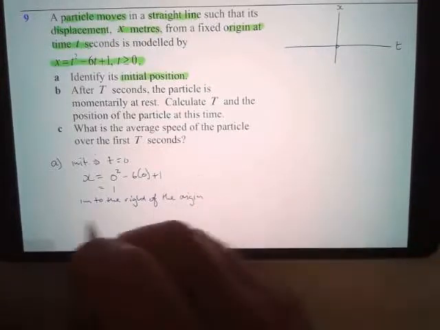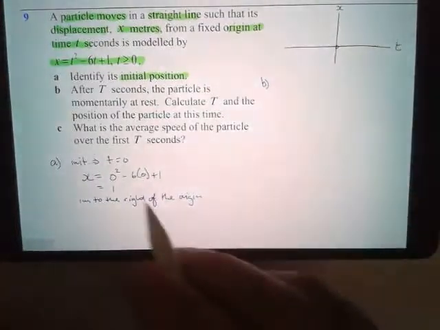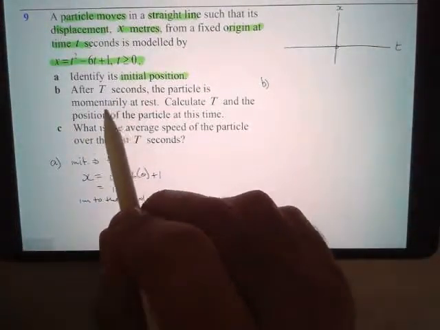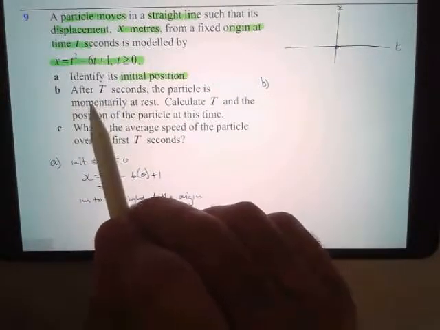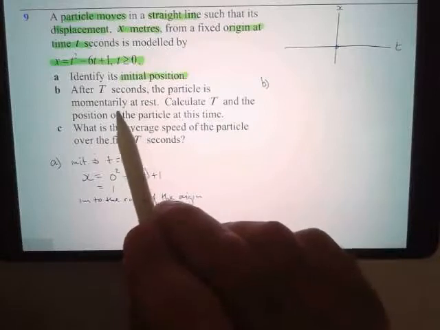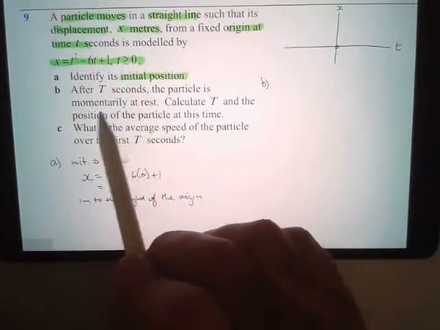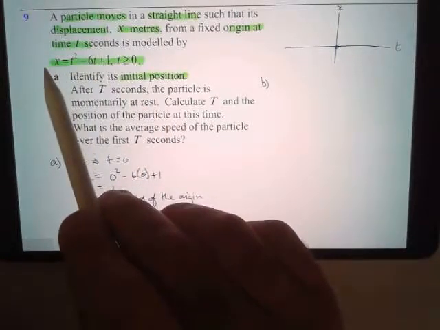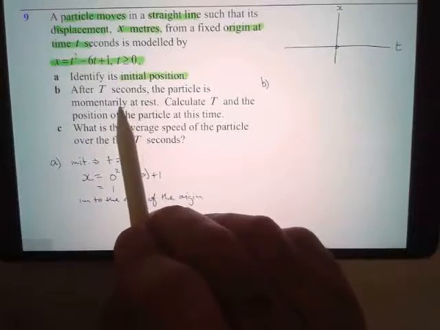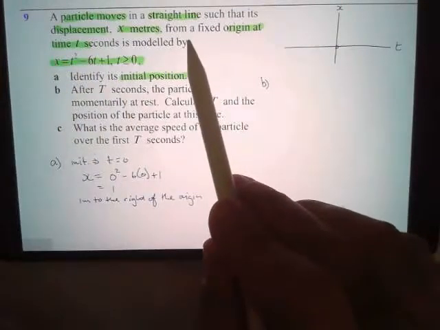Now in B, it gets a little bit more complicated, or not really. They say after t seconds, and I put t seconds because we don't know specifically where it is, the particle is momentarily at rest. Now, when it's at rest, it means it's not moving, but it is a certain distance away. Momentarily at rest means the thing is moving and then it stops.